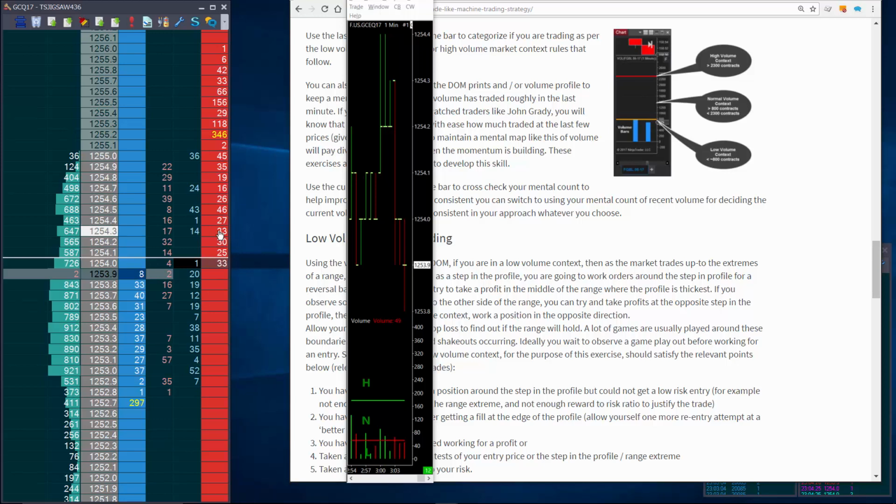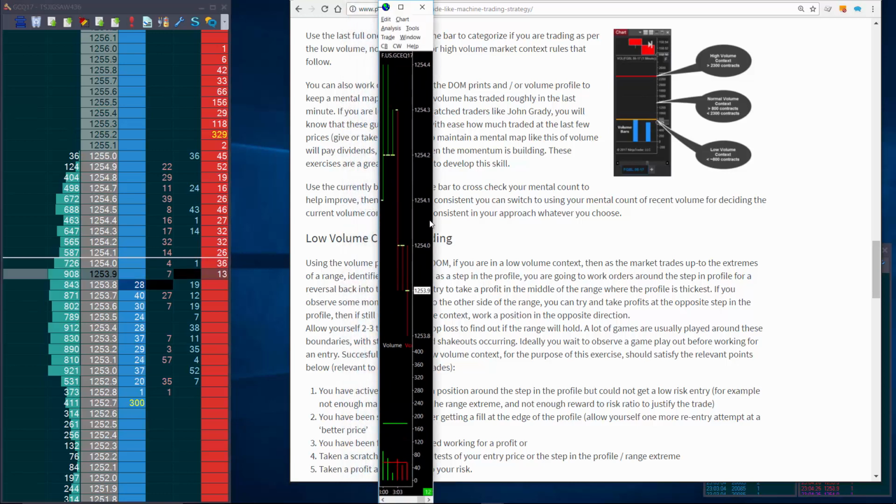In our DOM, we're just reading the order flow here, which is why we recommend having the chart squashed up, so you're not tempted to find patterns in the 1 minute volume bars. The discretion will still be there, as in you will have to decide, okay, this is a minor pullback, and you can tell if it's a minor pullback culminating using the previous trading drill skills you picked up.